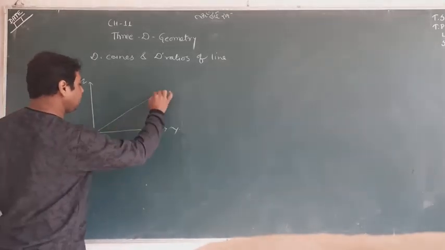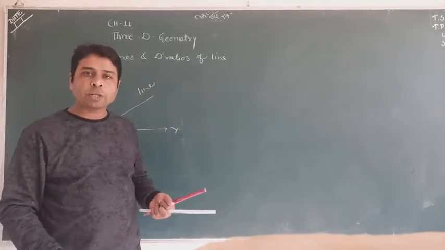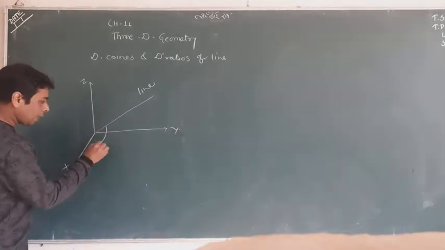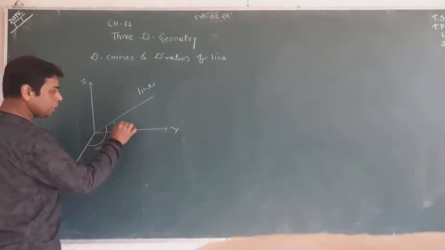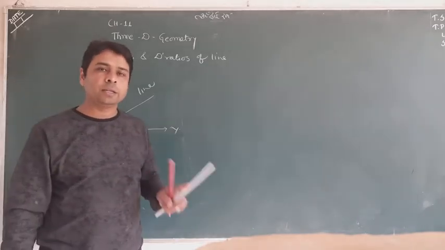Moreover, I take a line. In the last chapter it was a vector, both are the same, and this line is making angles alpha, beta and gamma with the x-axis, y-axis and z-axis.